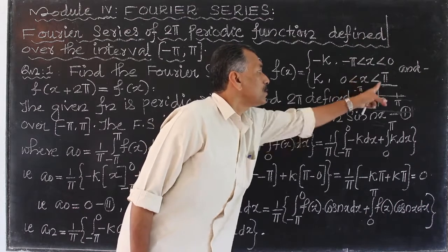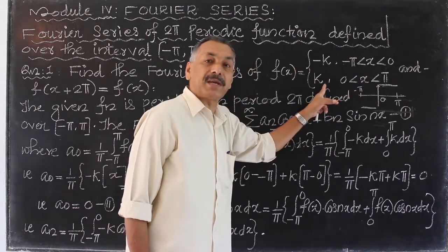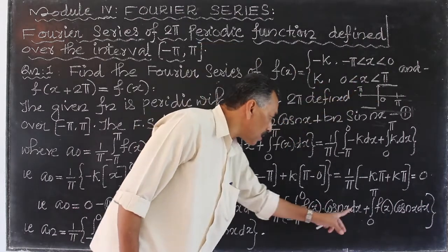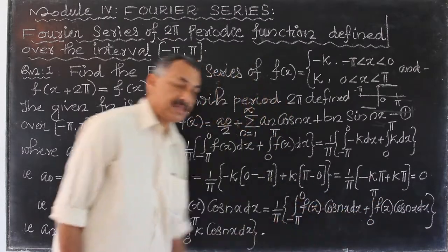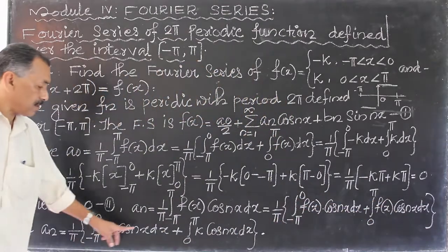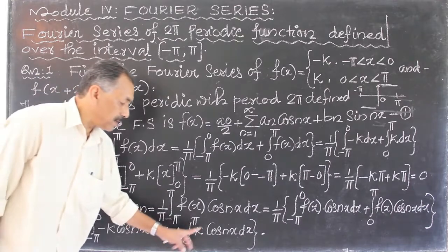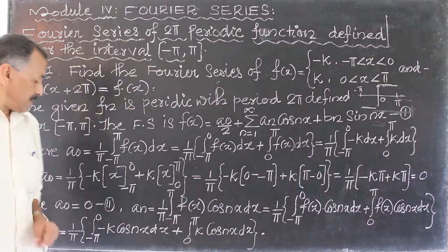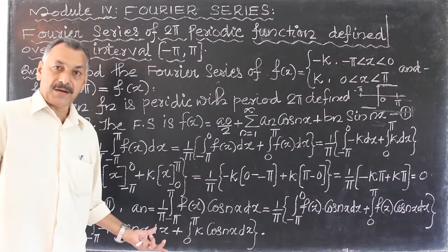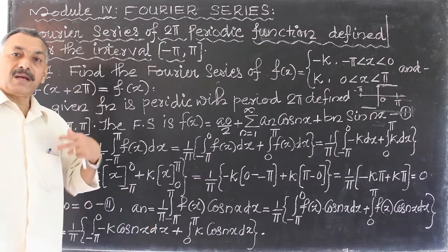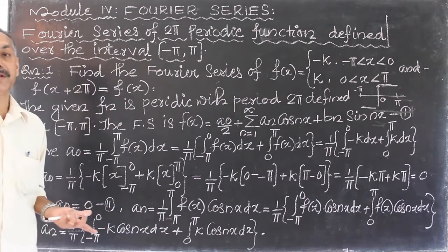In the interval 0 to pi, f of x is equal to k, so k into cos nx dx. These two integrals we calculate, and then we get a value. Similarly, bn we calculate by applying the property.